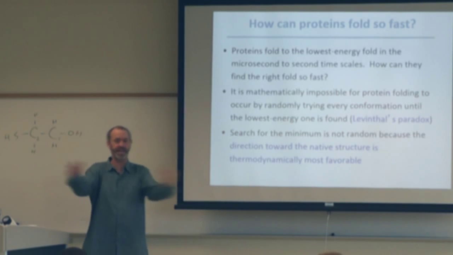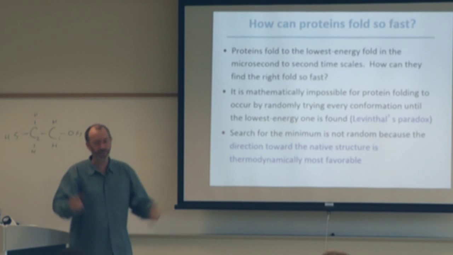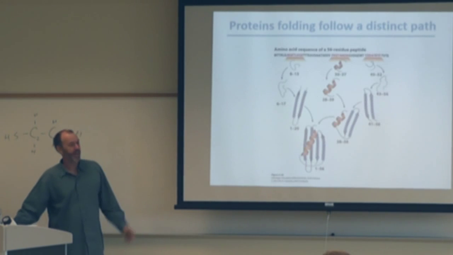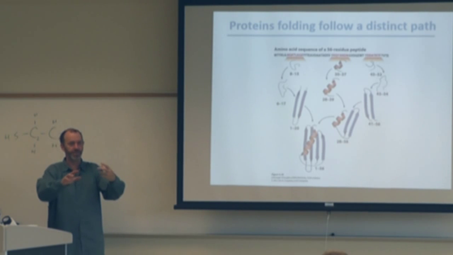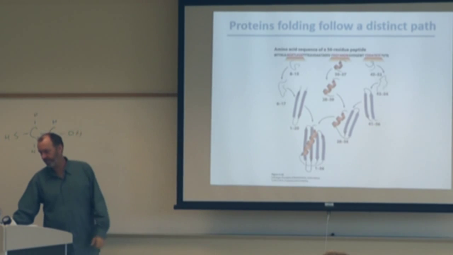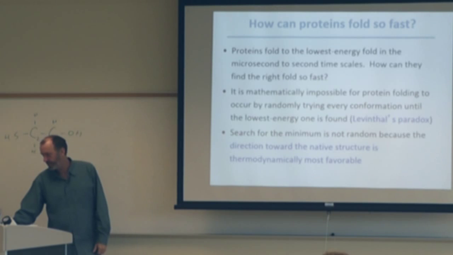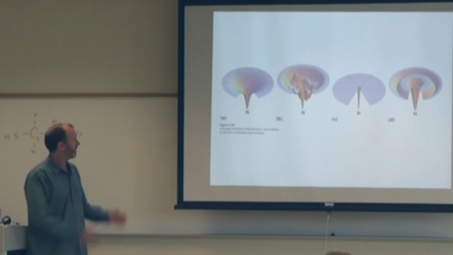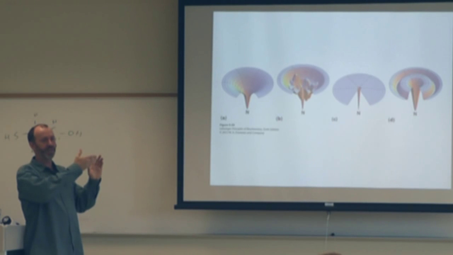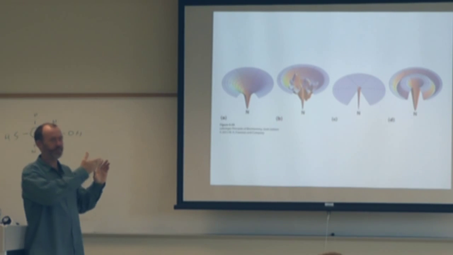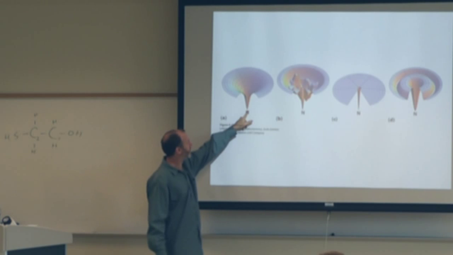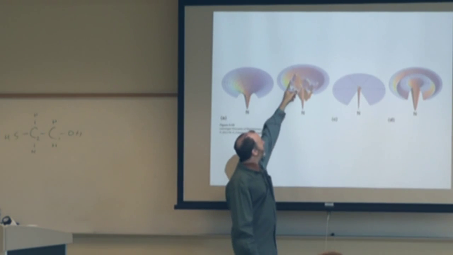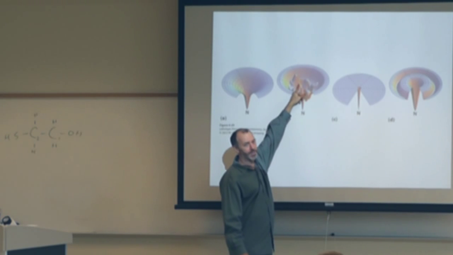As it folds to that native state, there are little regions like we just showed that are going to want to come together first, and it's going to encourage the other folds to happen as it starts to come together thermodynamically. This is like diagrams of protein folding versus delta G, changes in free energy. The lowest state is going to be the native fold. You might find systems where you have a lot of localized maxima and minima.